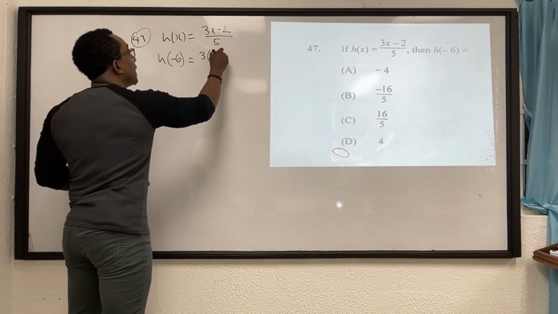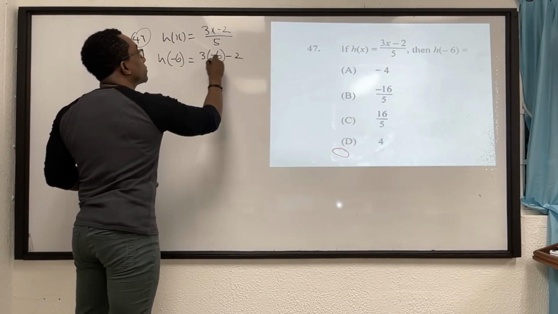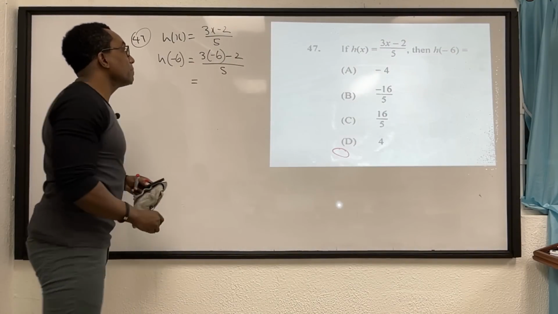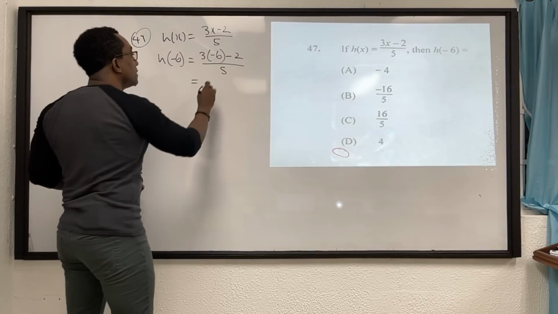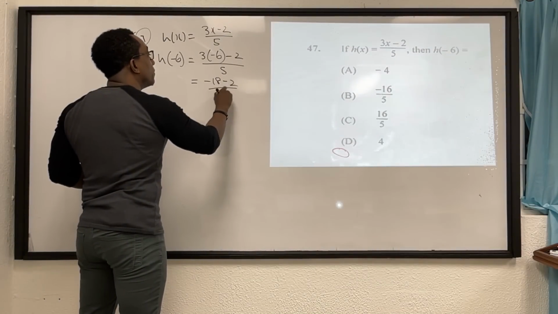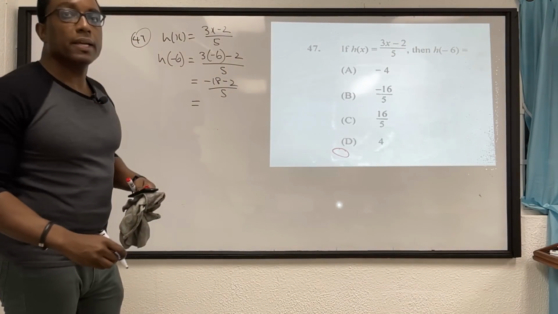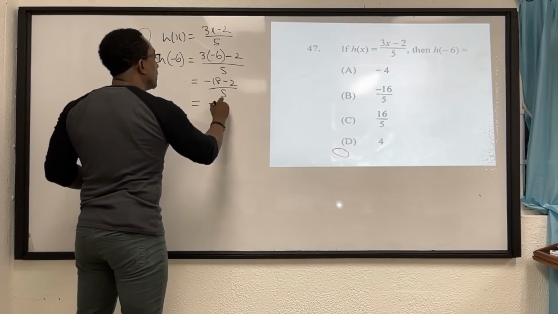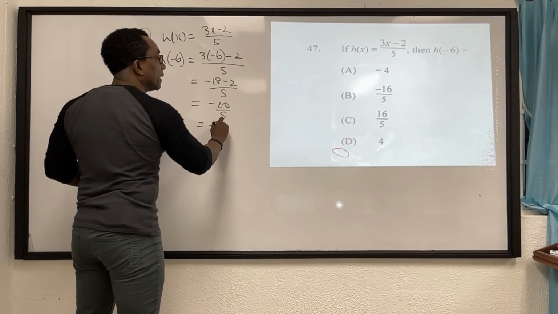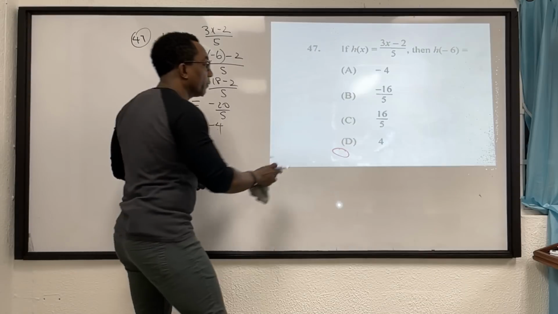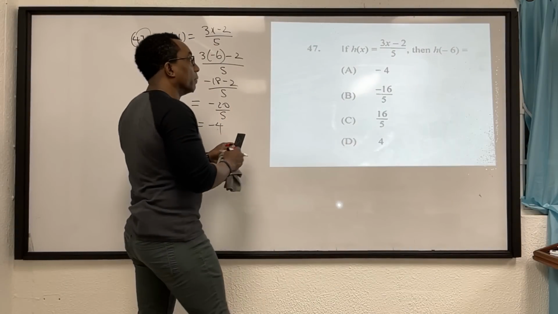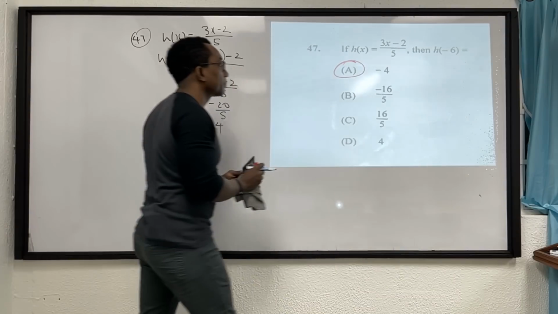This becomes 3 times negative 6 in brackets minus 2 over 5. 3 by negative 6 will be negative 18 minus 2 over 5. Negative 18 minus 2 will be negative 20 over 5, and we're going to get negative 4. So the answer for question 47 will be A.